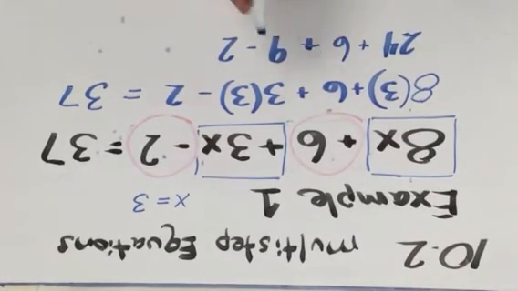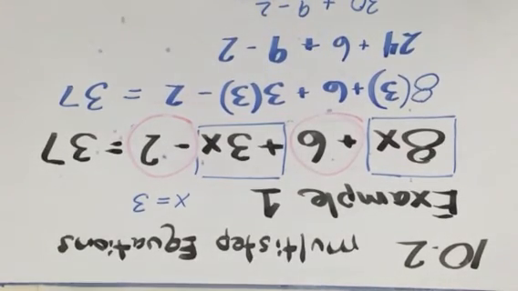We can break those rules a little as long as we keep the sign with that term. This one's pretty straightforward though. These two combined give us 30. So 30 plus 9 minus 2. These two give us 39, and we still have the minus 2.